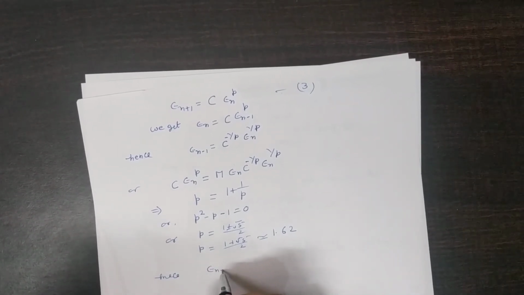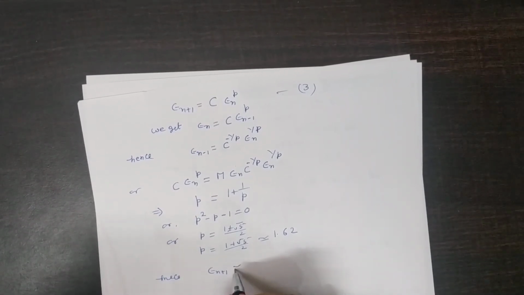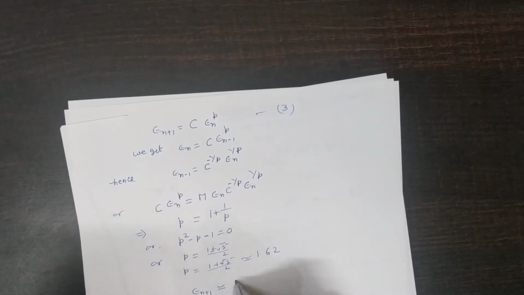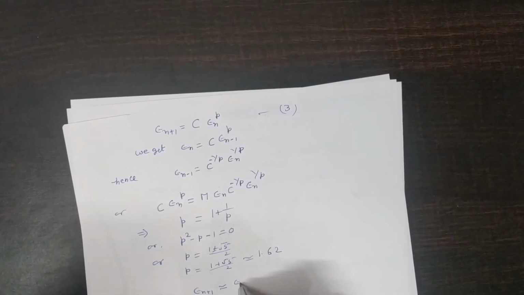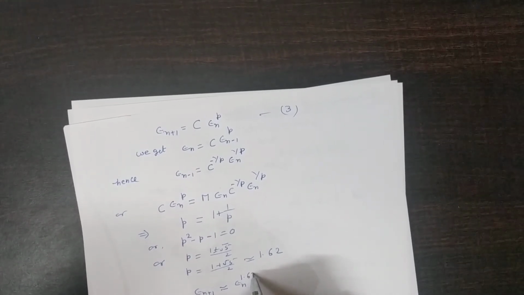Hence we can say epsilon n plus 1 is approximately C times epsilon n to the power p, from equation number 3, where p is 1.62.